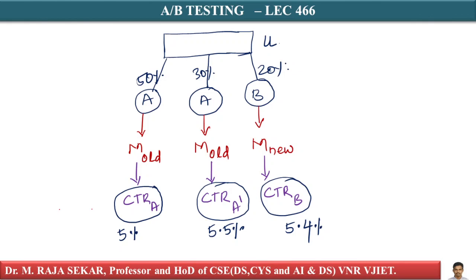These are called AAB tests. Split the data into 3 groups to see if the new model MNew is really performing better, or if it is just because of randomness in the splitting that one model is performing better than others.